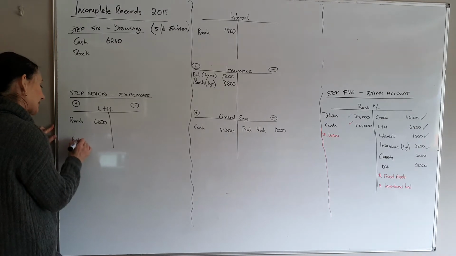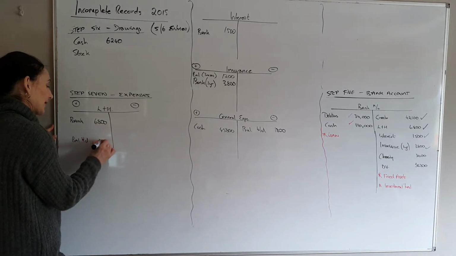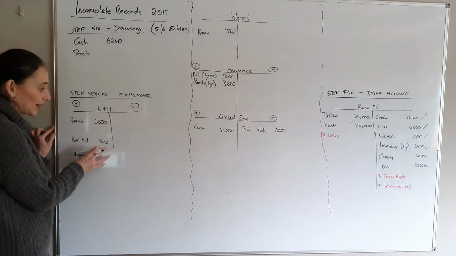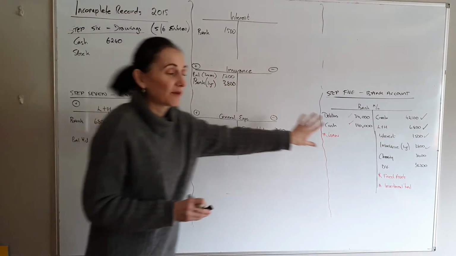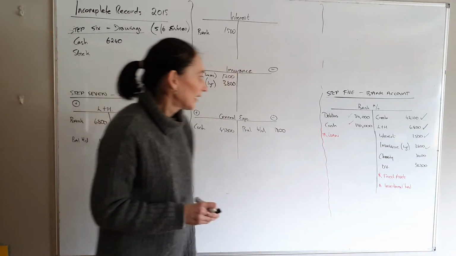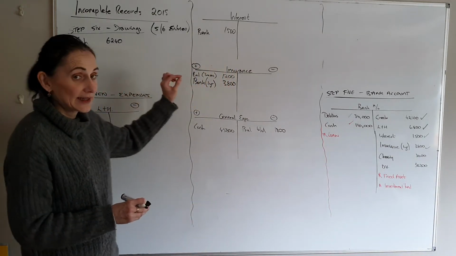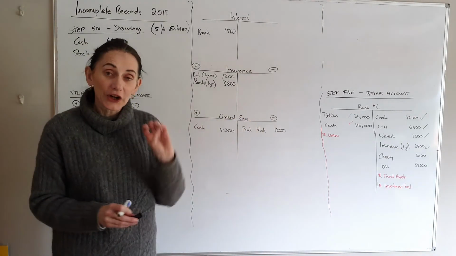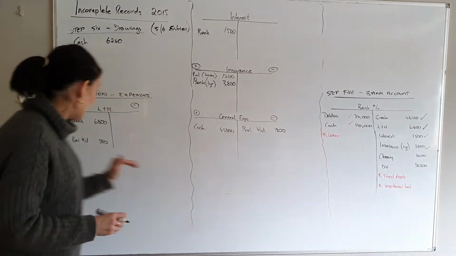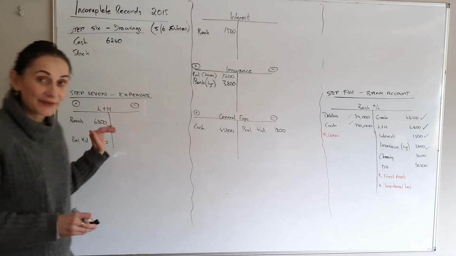So I have a balance, BD, of 380 because that was used this year, so it needs to be included here. So again, all the figures initially came from my bank or my cash. The second thing that I look at is my introduction statement and put in all my balances. The third thing that you do with your expenses is you look for all your balances at the end.